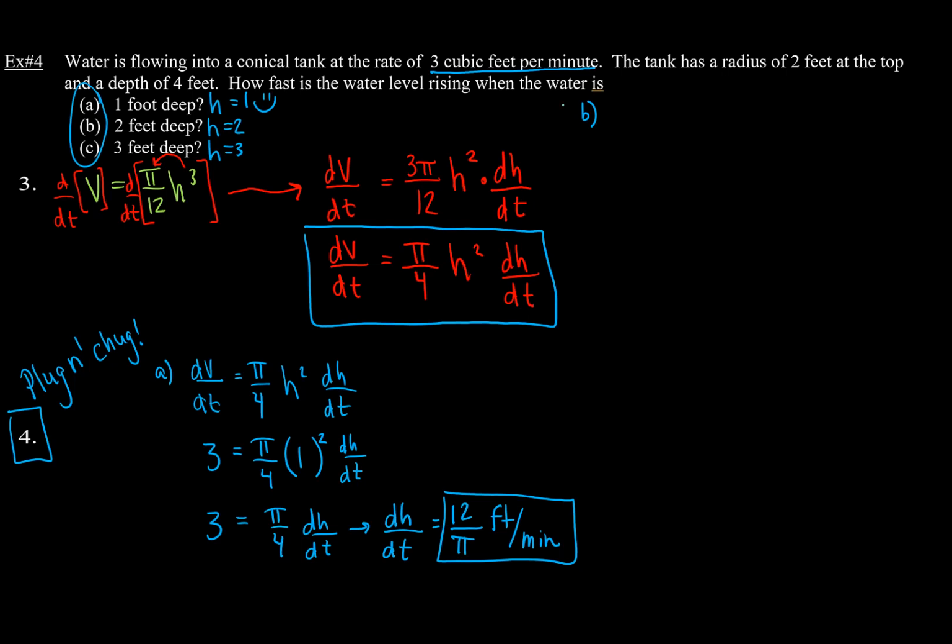For B, and I'm still in the plug and chug stage, I'm going to do the exact same thing. For my dV/dt, I'm going to put in 3. I've got pi over 4, and then h squared. In this case h is 2, so I'm going to have 2 squared, and then I need to solve that for dh/dt.